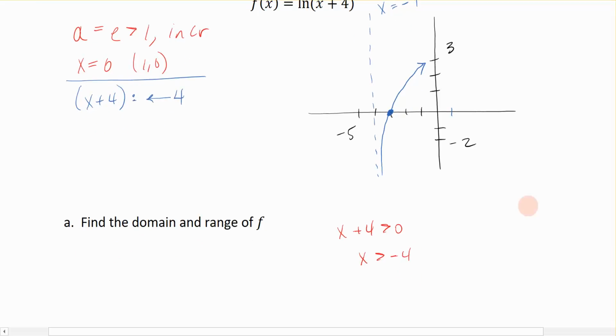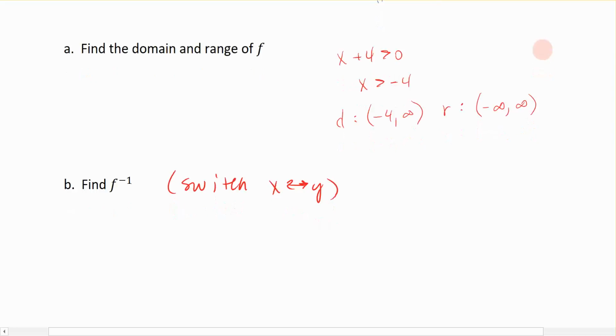So the domain of my function would be from negative 4 to infinity, and the range of my function, those are all the possible y values, and we said earlier when we talked about the characteristics of log functions that the range was from negative to positive infinity. So there's the domain and the range of my function f.